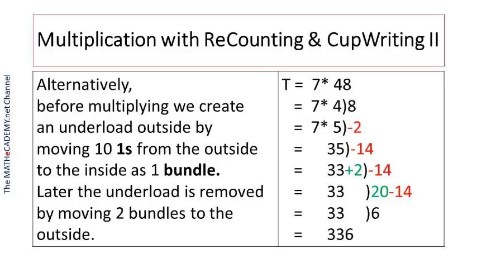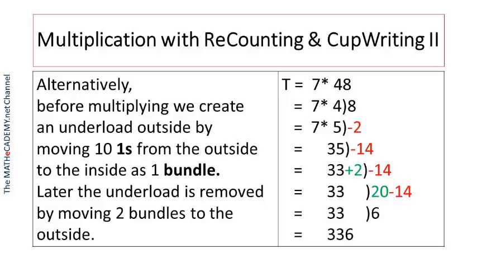Alternatively, before multiplying, we create an underload outside, by moving 10 ones from the outside to the inside as one bundle, thus recounting 48 to 5 less 2 tens.